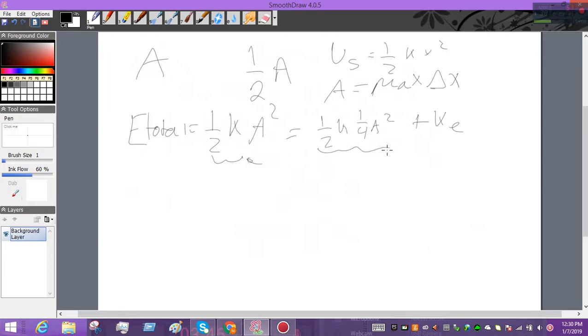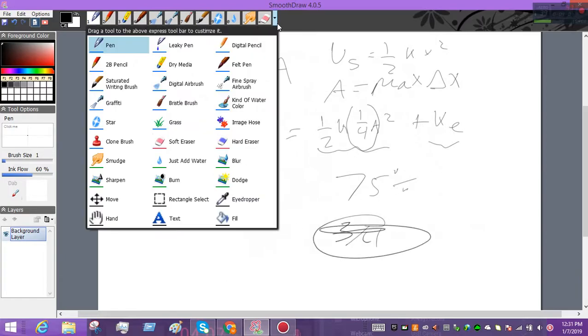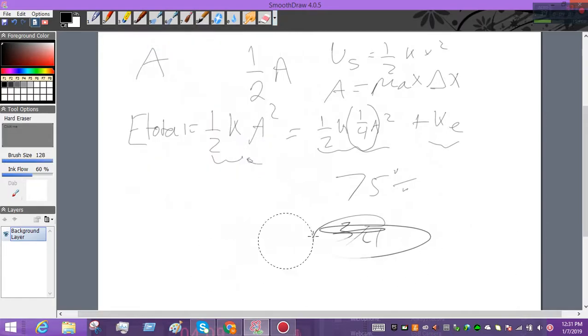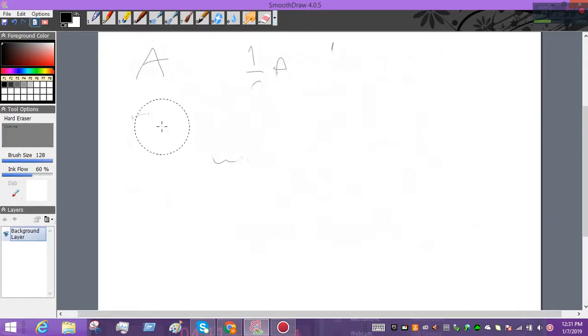If that is a fourth, the kinetic energy has to be 75%, or 3/4, of the total energy. If we pull out that 1/4, it's the same as this value right here. Since they're equal, the kinetic energy has to be 3/4 of that. That was a pretty easy problem to logic your way through if you write the equations properly.